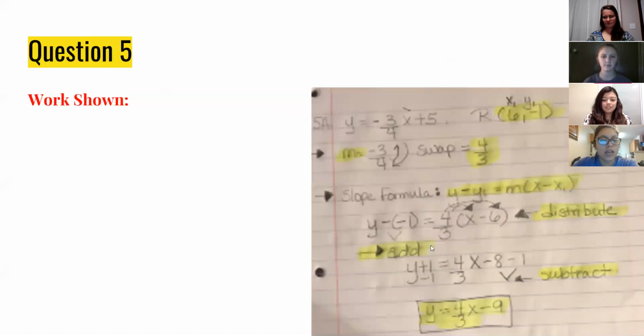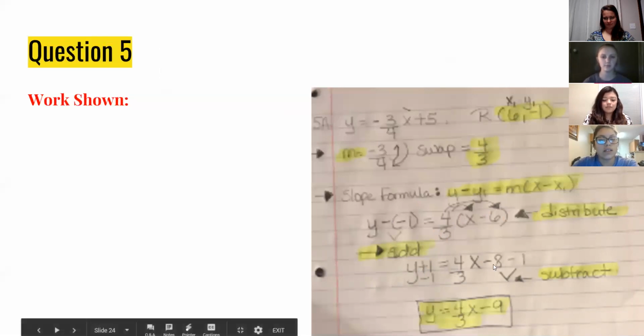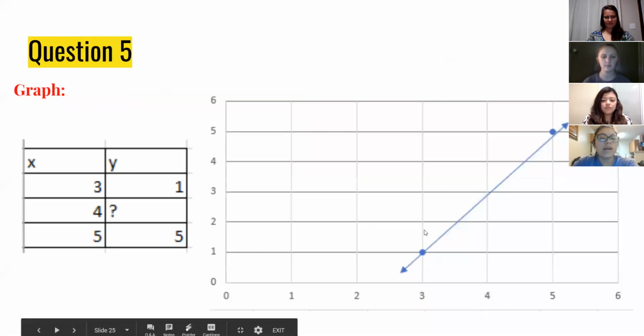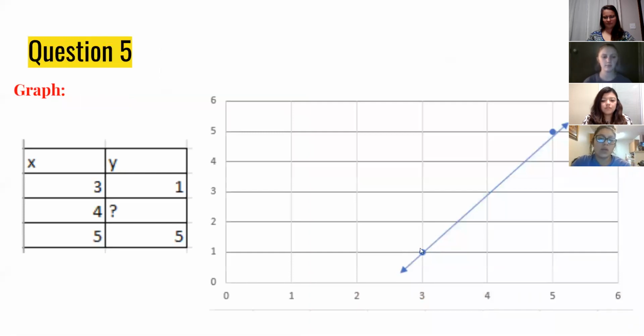We would distribute that, and we would get y plus 1 equals 4/3x minus 8. We're trying to get y by itself, so we subtract 1 from each side and get y equals 4/3x minus 9. And if we were to graph this, this is what it would look like. And we can do the rise over the run, which we can see is up 1, 2, 3, 4 and over 2.